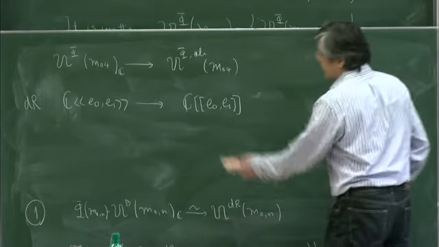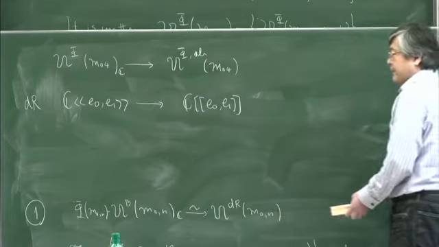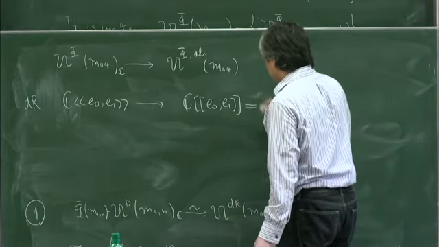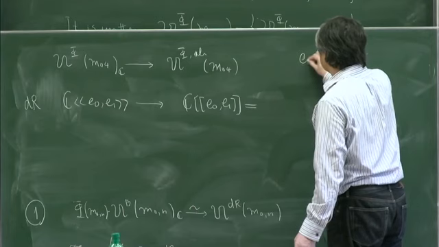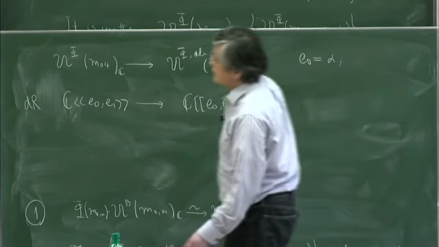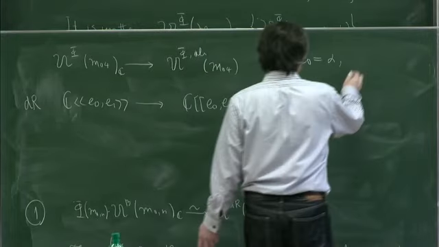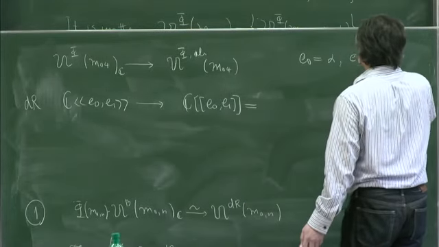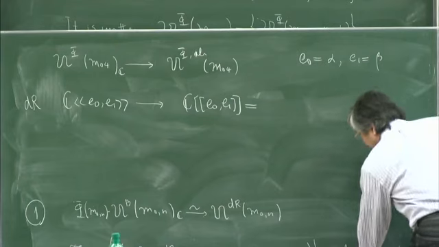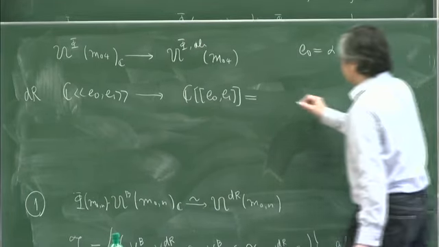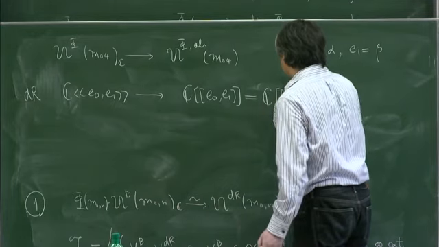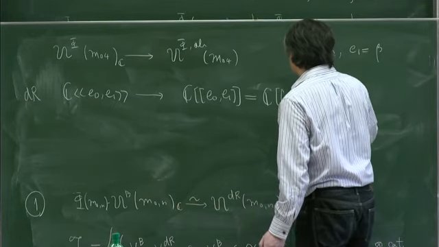Then we get this commutative formal power series ring. We said E0 is equal to alpha, and E1 is equal to beta, then this becomes the formal power series ring of alpha and beta.